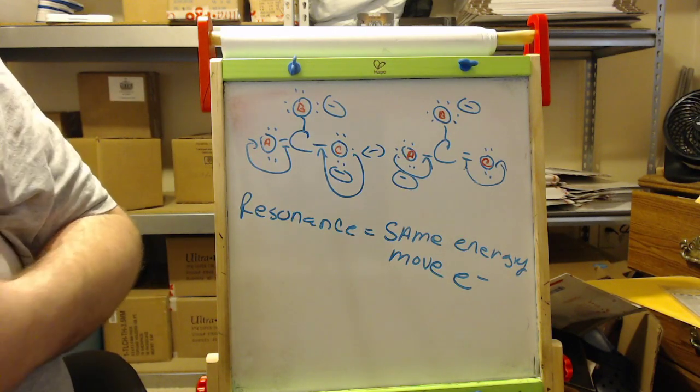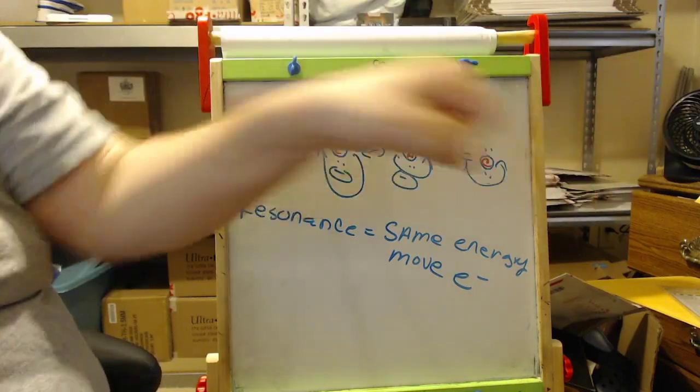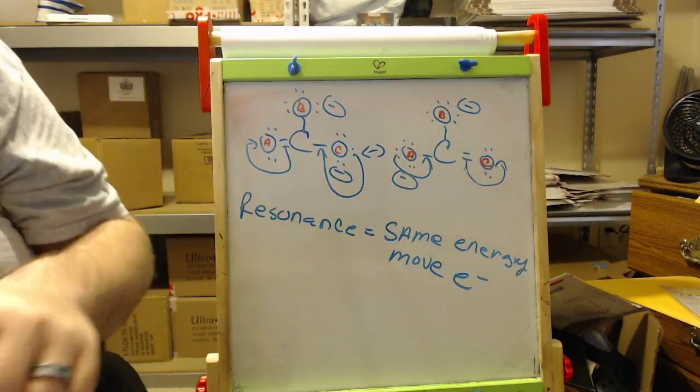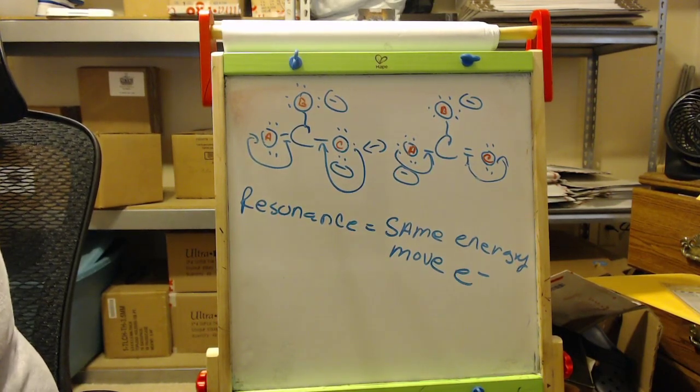Well, if we're somewhere in between a single and a double bond, that means we're going back and forth in between this whole time because the electrons are constantly moving. Okay. And since the electrons are constantly moving, then we have these resonance structures.